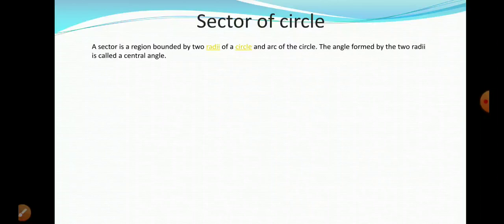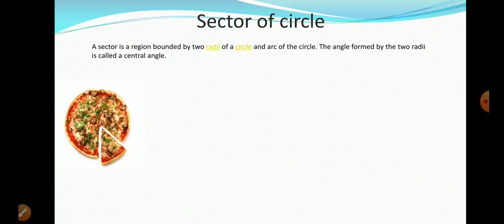Now to understand the sector of circle, we will take one example from our daily life. Here it is. This is a pizza. Everybody of you know this, and the shape of this pizza is a circle.